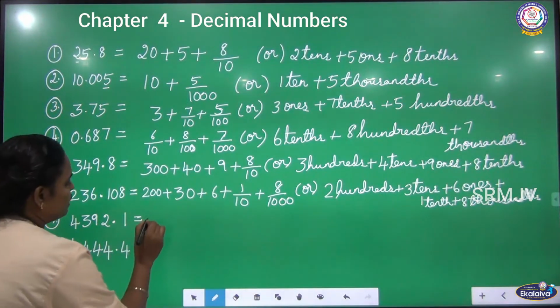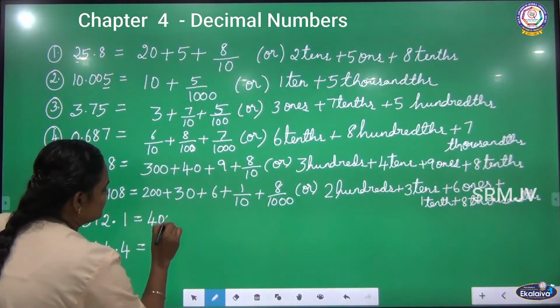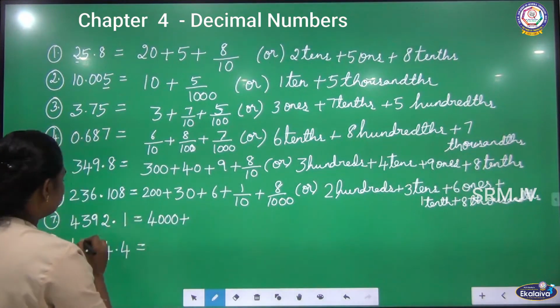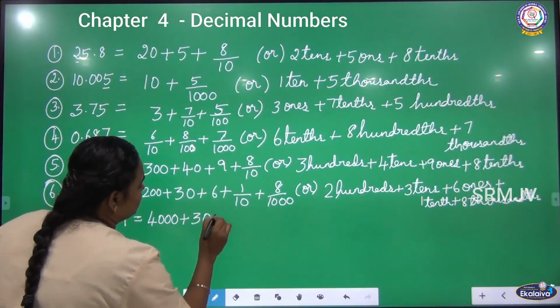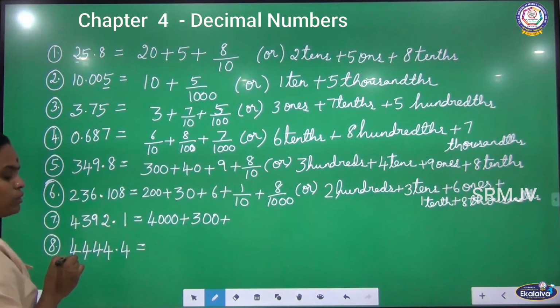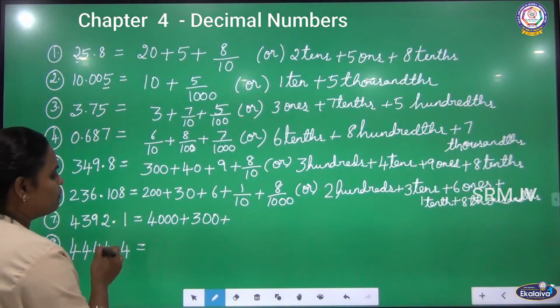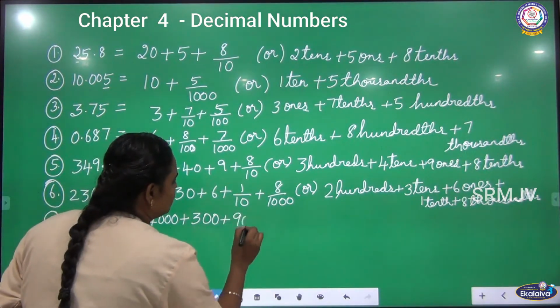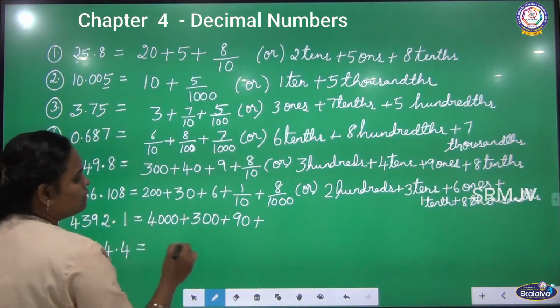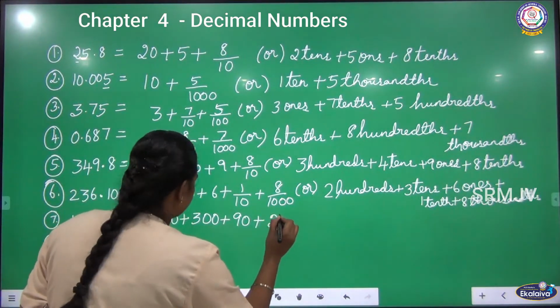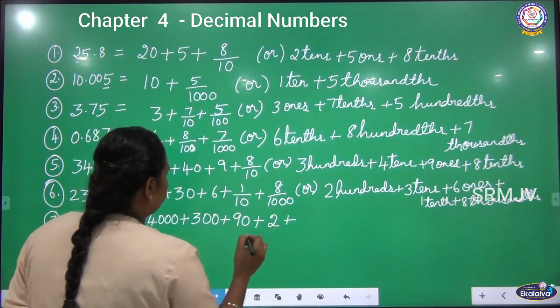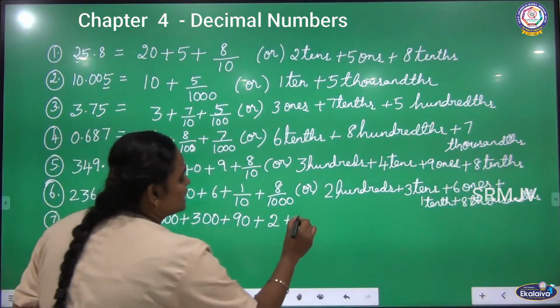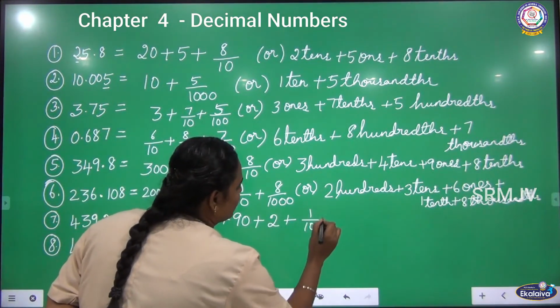Next one, 4392.1. So place value of 4 is 1000, so you can write 4000. Next 300. Place value of 3 is 100, so 300. Place value of 9 is 9 tens, so 90. Plus place value of 2 is 2 ones. Place value of 1 is 1 by 10.